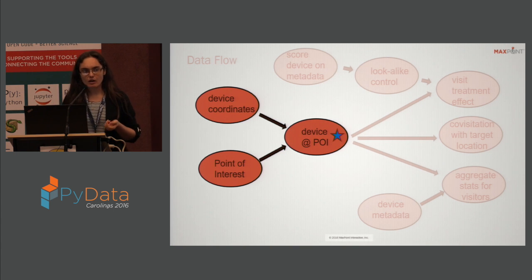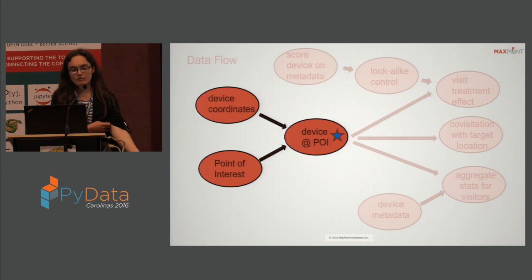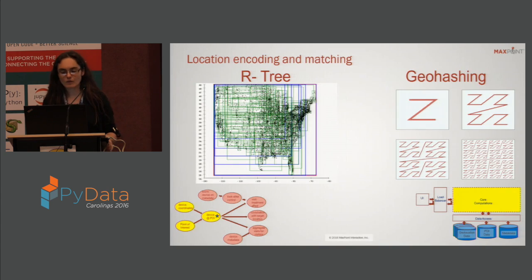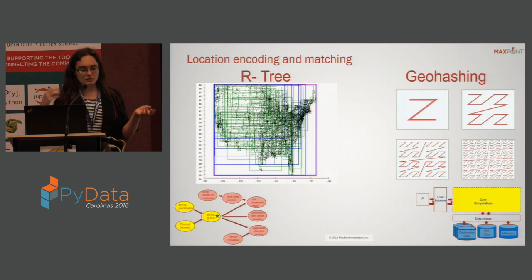So I'm first going to talk about taking device coordinates and point of interest data and going to a device at a point of interest. We tried two different methods for location encoding and matching, to get from that device location to knowing that device is at a specific place, not just a lat long, but at a store within whatever shape you have for your POI.